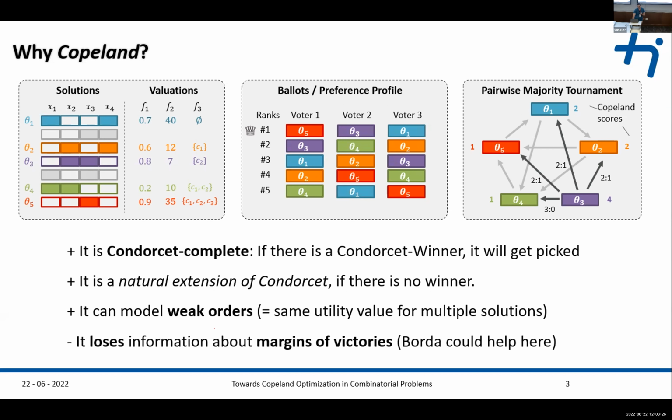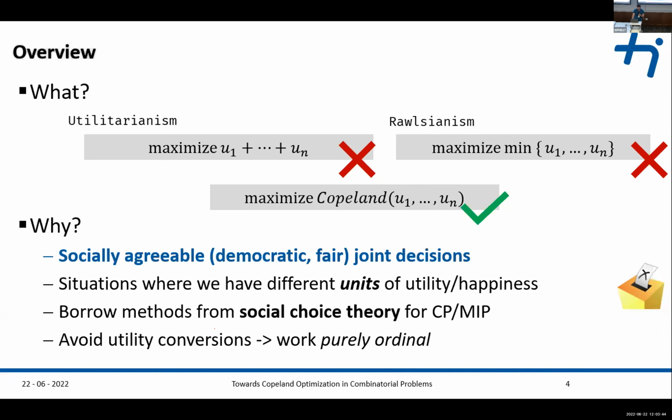On the other hand, it loses information about the margin of victories. So it really throws all that away, and Borda would be a possible solution here. But there are plenty of other electoral systems, such as the Schulze method and all of those.